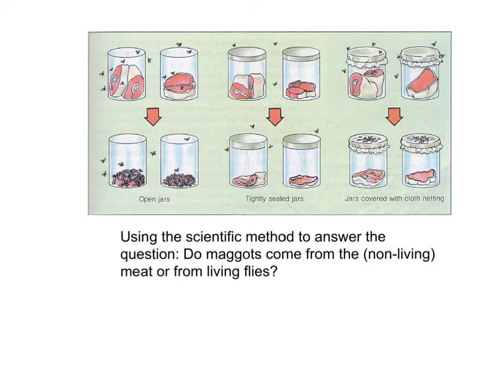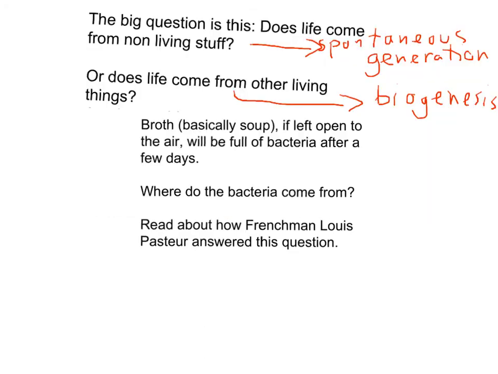Meat in open jars, meat in sealed jars, and meat in covered jars. And you can see for yourselves what the results were. From the results, it was concluded that the maggots came from flies, not from the non-living meat.